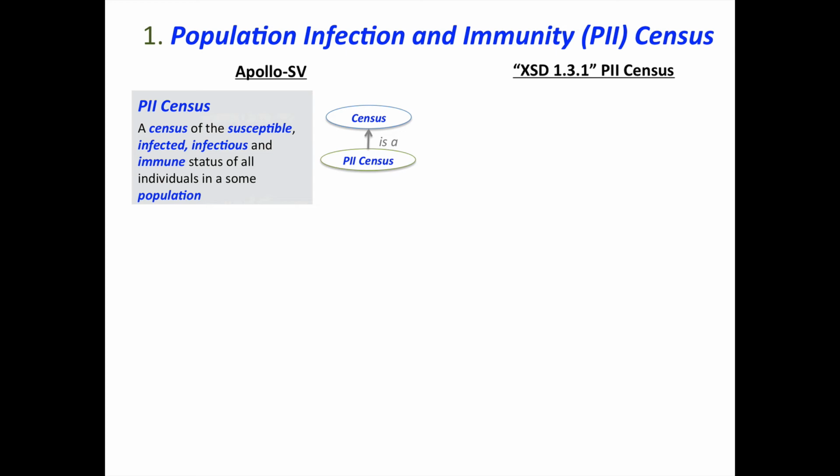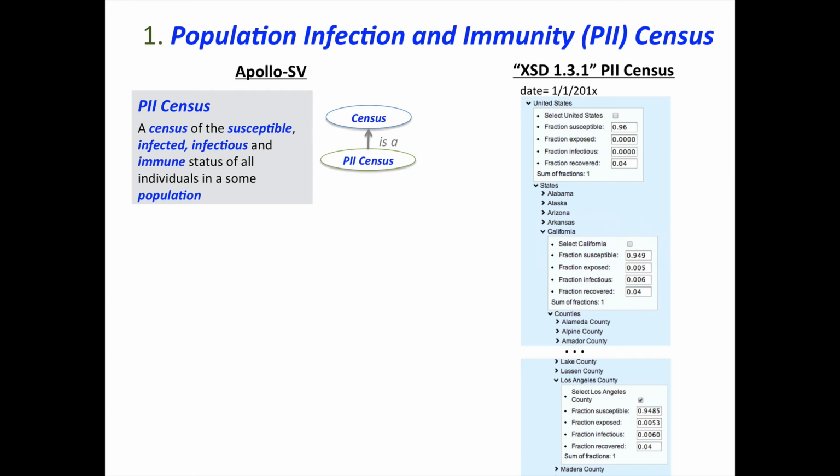Apollo SV defines a population infection and immunity census as a census of the susceptible, infected, infectious, and immune status of all individuals in some population. On the right is a readable version of an instance of the XSD PII census type. The XSD type itself is a recursively defined exception tree.